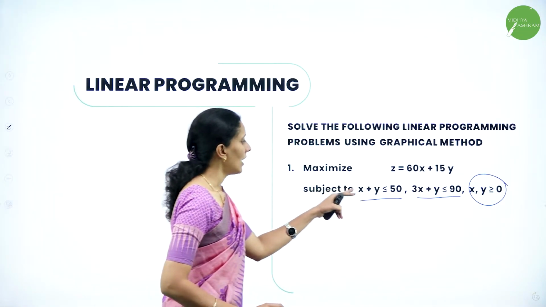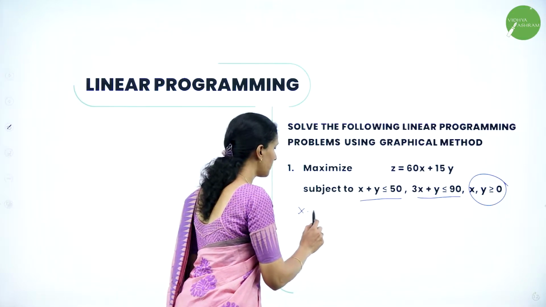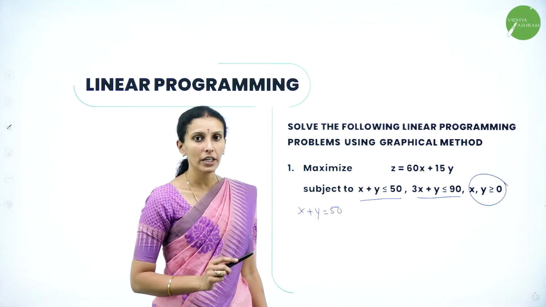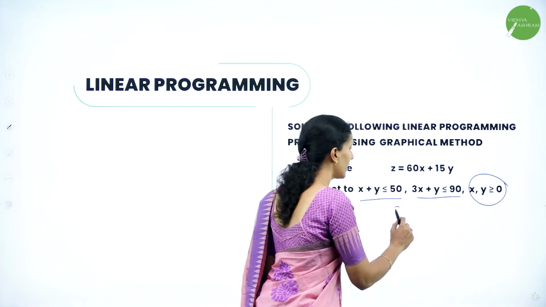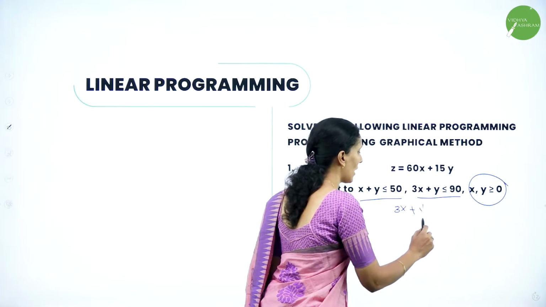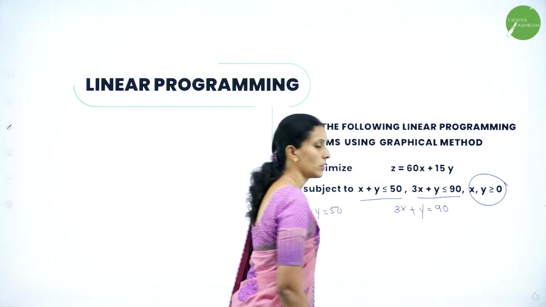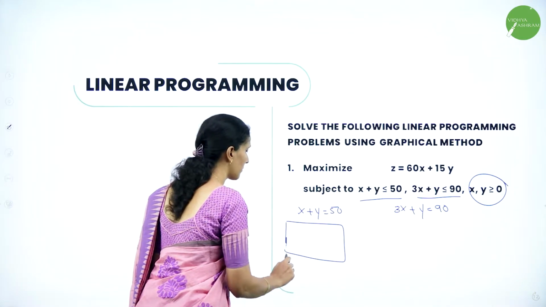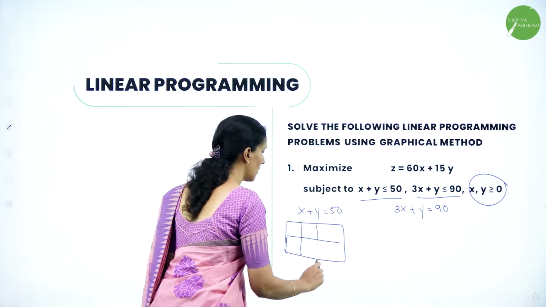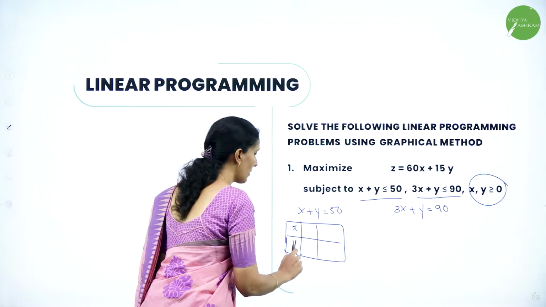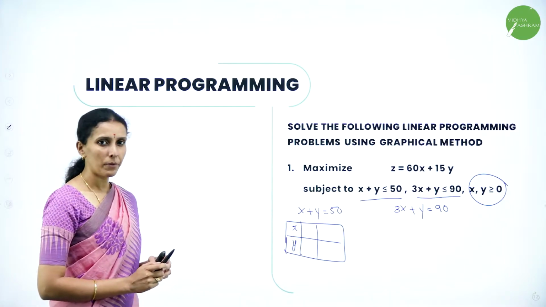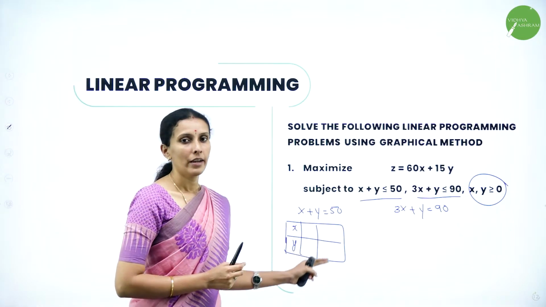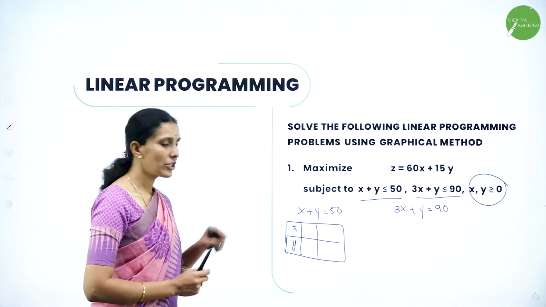So first, let us consider these two equations. I will take x plus y equal to 50. Even though they have given an inequality, I will take it as equal to, to draw a straight line. I will take x and y values separately. It is a very simple problem, I need 2 points to draw a straight line, so just find 2 points for each equation.